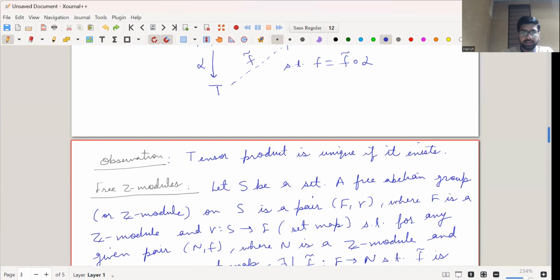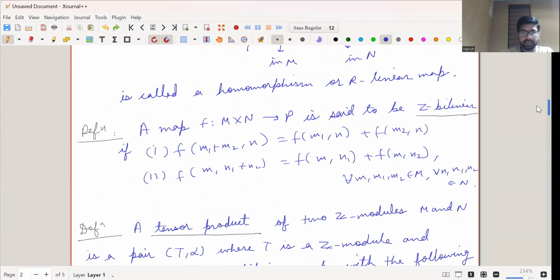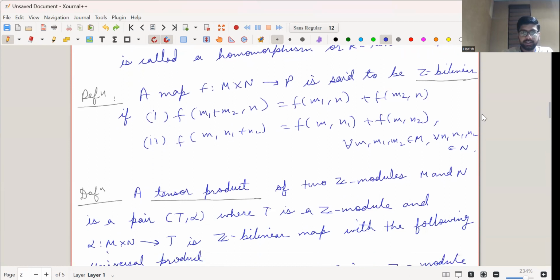While defining the tensor product, we said that something is Z bilinear if f(m1 plus m2, n) is f(m1, n) plus f(m2, n), and similarly in the second variable. So here we are considering Z bilinearity. This will imply that f of alpha times m comma n is the same as f of m comma alpha times n.